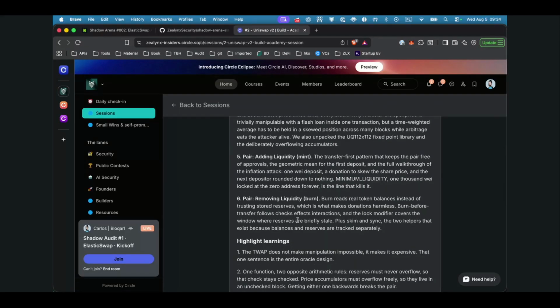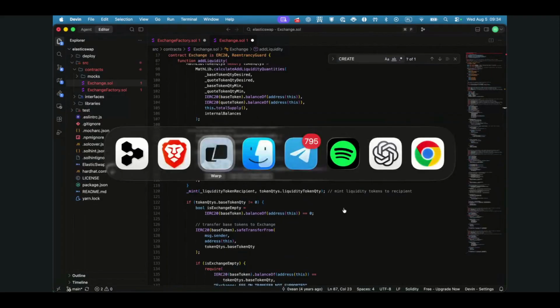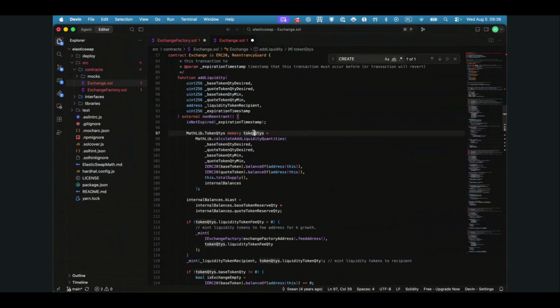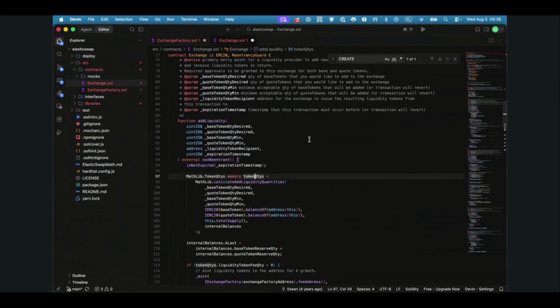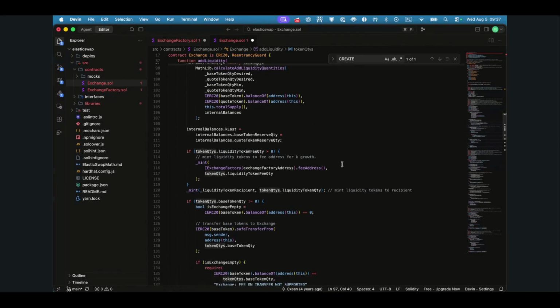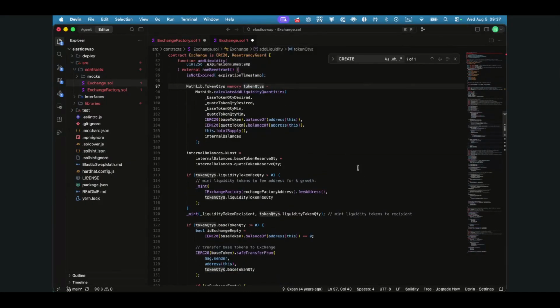So I think I still would have to double check, probably with AI, but there are chances that it's not protected. So let me go and see what it says. What we needed to check is what happens if it had different behavior when the liquidity is 0 and you need to mint first.